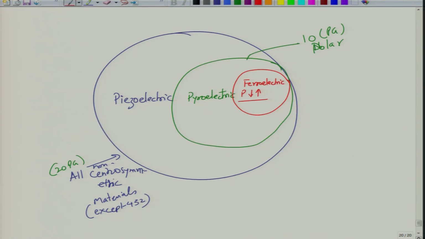This number is not very well defined, so we cannot say what it is, but basically every ferroelectric material is pyroelectric and piezoelectric by default. Every pyroelectric is a piezoelectric by default, but not necessarily a ferroelectric, okay.